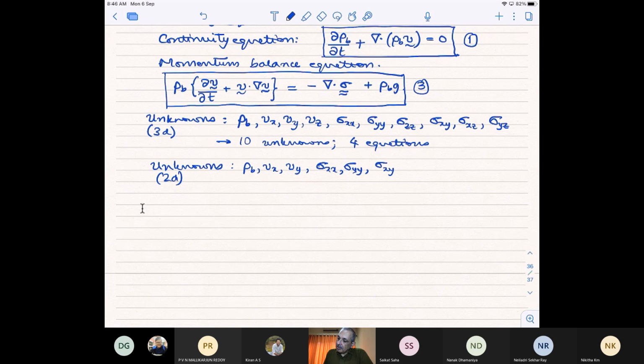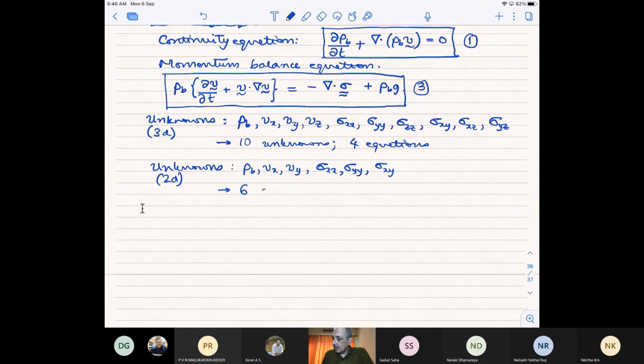So you will essentially have 1, 2, 3, 4, 5, 6 unknowns. And if you look at how many equations you have, 1 is continuity, and 2, because it's a 2-dimensional system, you have 2 components of the momentum balance equation. So 1 and 2, so you'll have 3 equations. Again, same thing, that you have a very large number of unknown quantities which you have to determine.